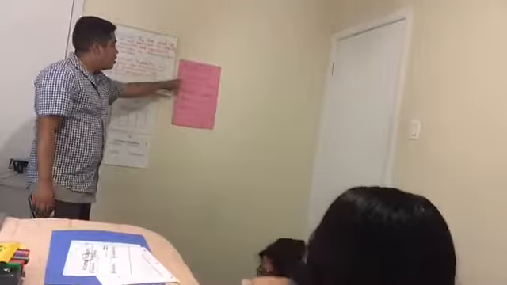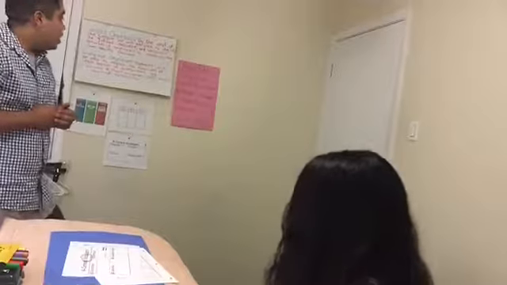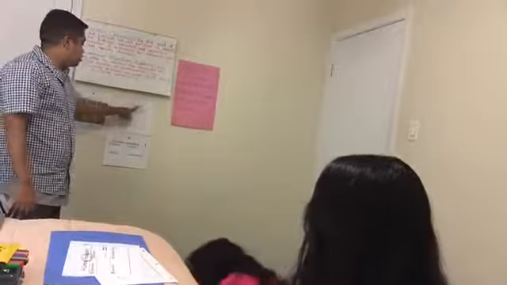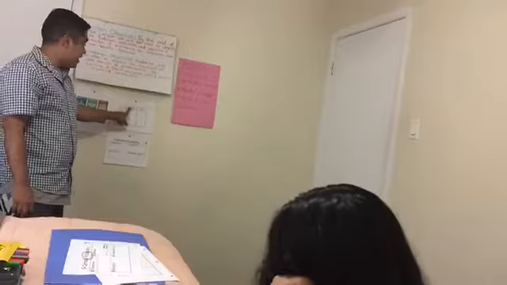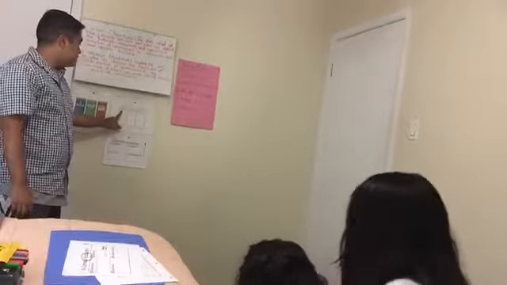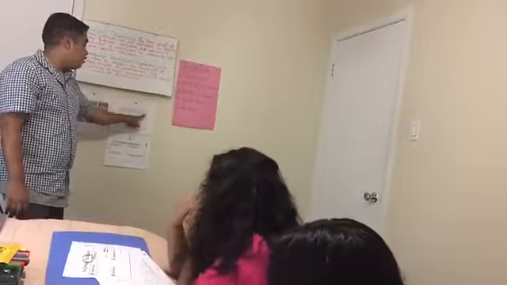So now we're going to be going over this chart right here. Do you know what this chart is? This is a KWL chart. It's what I think I know, what I want to know, and what I learned.